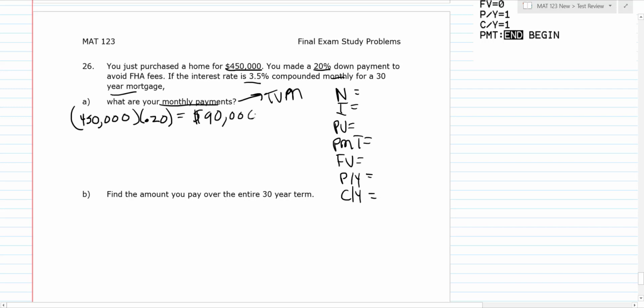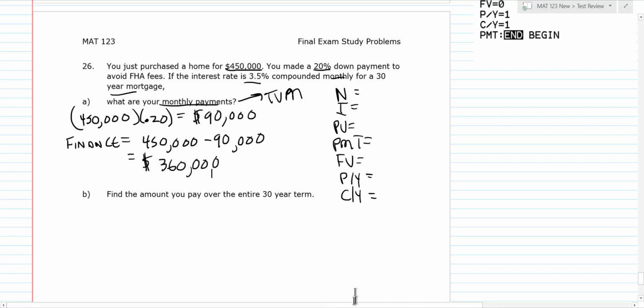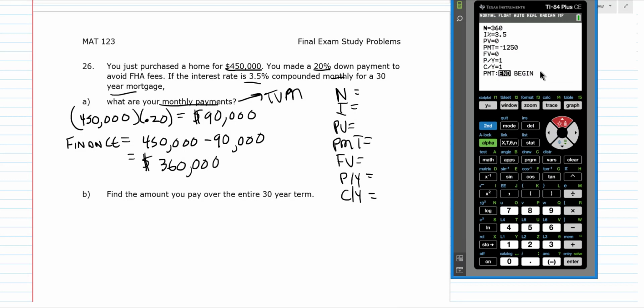Wow, that's big. Okay, so you're going to finance this amount. You're going to take the $450,000 price tag of your house minus the $90,000, so you're going to finance $360,000.